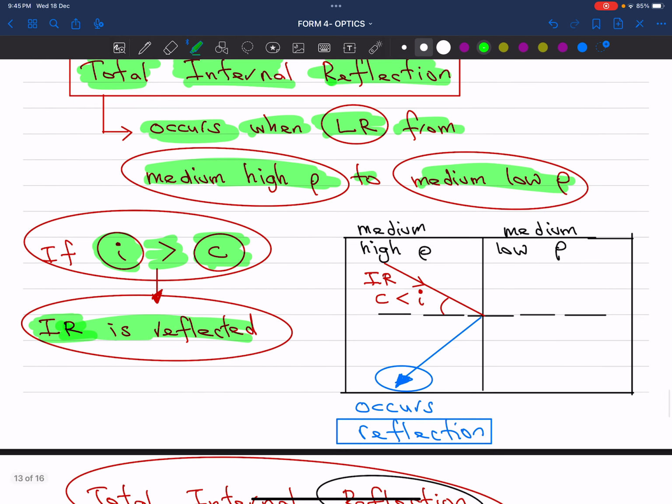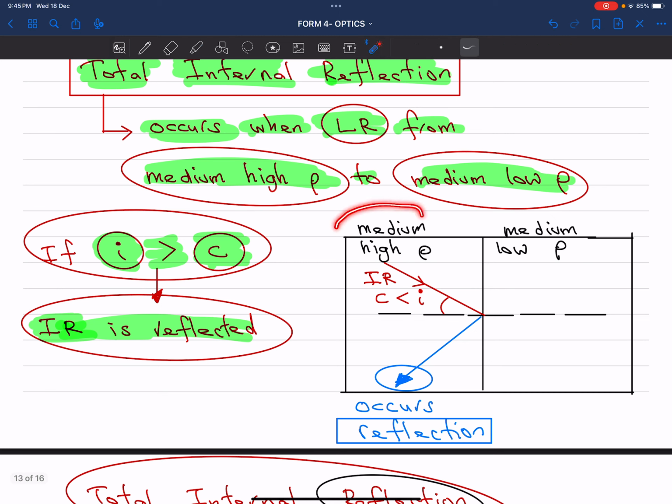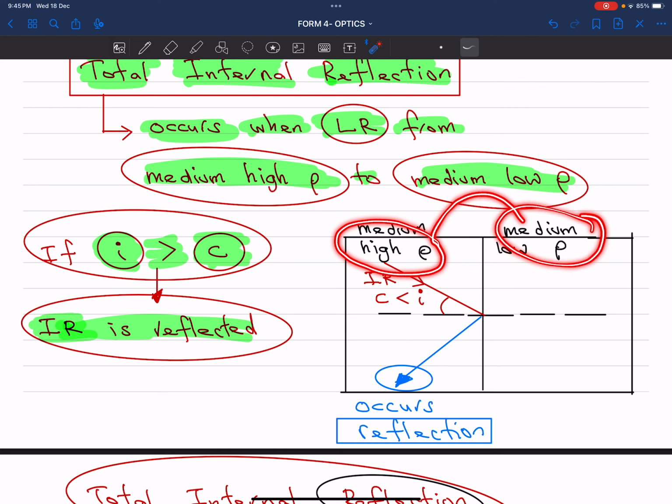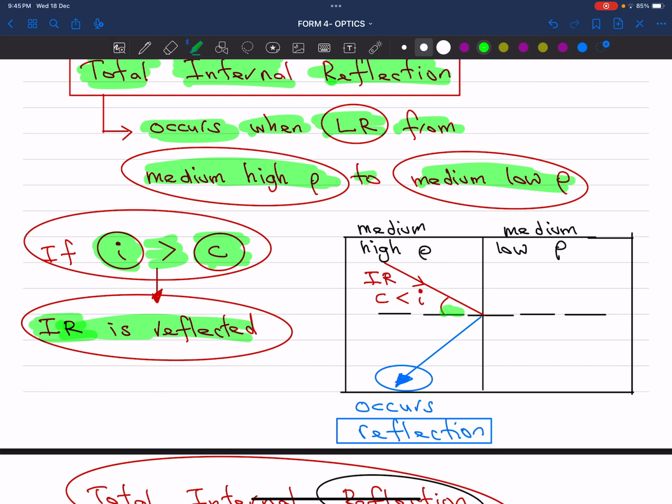So if you look at this diagram, I have medium 1 high density, medium 2 low density, and this light ray moving from high density to low density, and this angle of incidence is more than the critical angle C. You notice that the incident light ray is not going into the second medium, but it is being reflected.